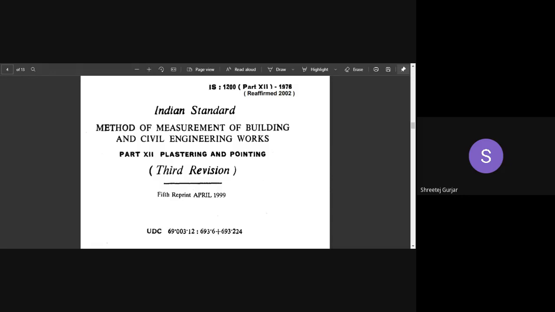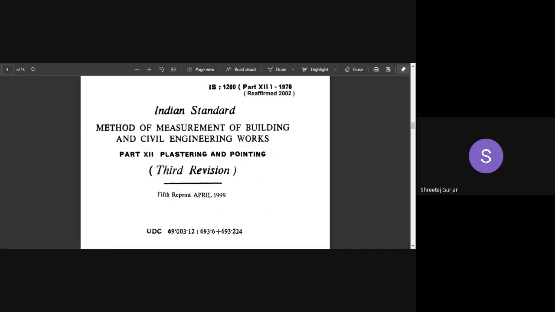This is because it is given in IS 1200, the Indian Standard code for the method of measurement of building and civil engineering works. This standard tells you how to measure plastering and pointing work.